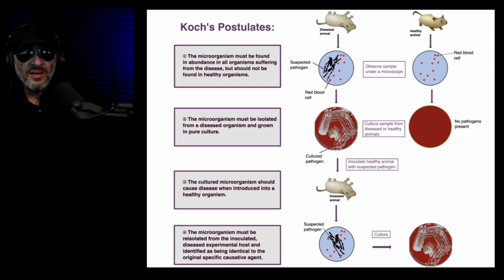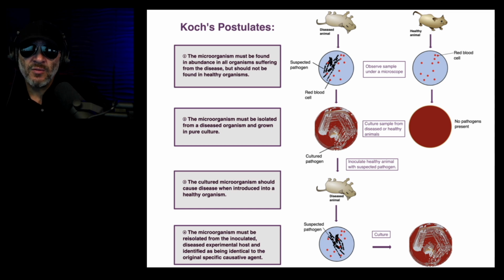And then the next step, number 3, is that the cultured microorganism should cause disease when introduced into a healthy organism. So in other words, that which just grew in that petri dish, if we could scrape a little bit of it out and then introduce it to a mouse, that's what they do, should cause disease when introduced into a healthy organism.